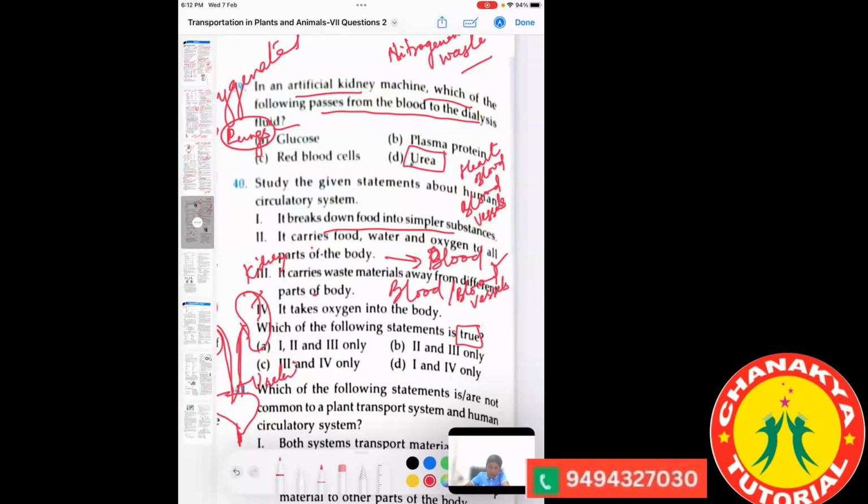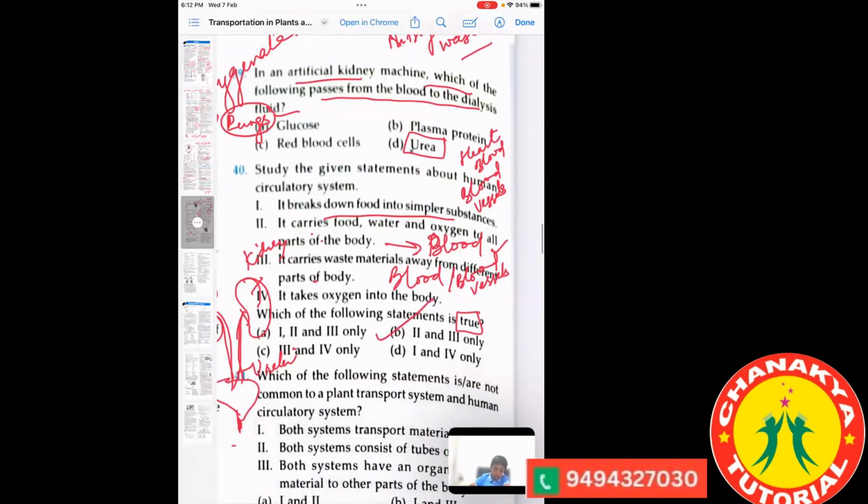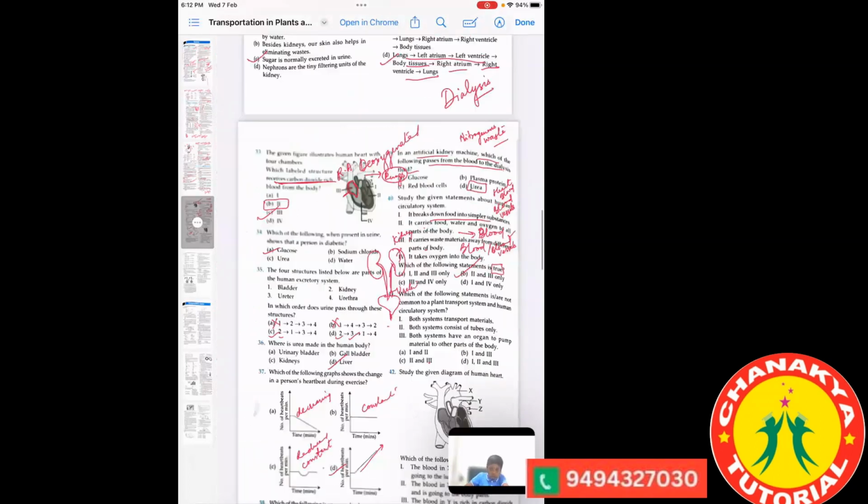So that is how it is connected together. And the last one, it takes oxygen into the body. No, it never takes oxygen into the body. Blood already has the oxygen present in it. They are just passing it from one organ to the other. So that is why the correct answer is B. Now start doing questions 41 to 50.